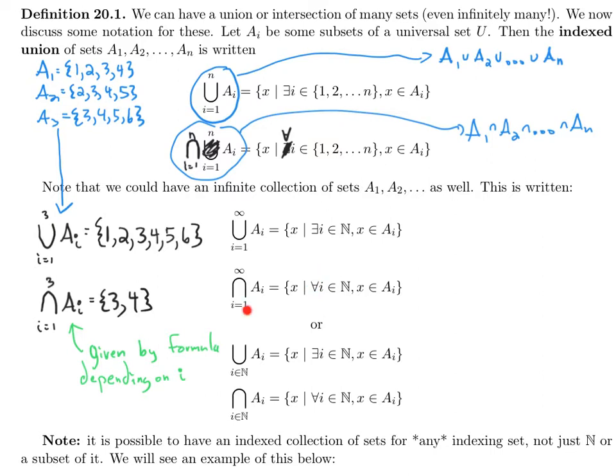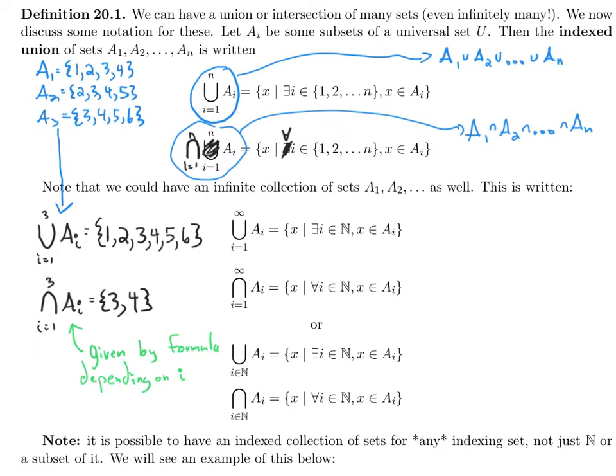So you might see the notation from 1 to infinity or from whatever to infinity. Another notation you might see is i is an element of the natural numbers. So that's another way of writing this here. And similarly, for the intersection, same idea. Just another way of writing the index.